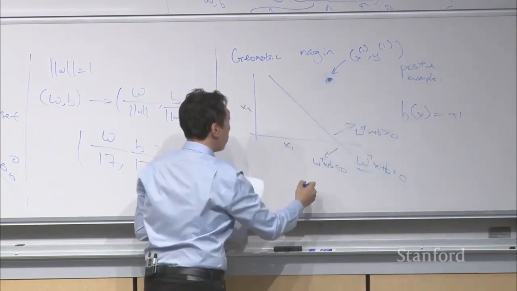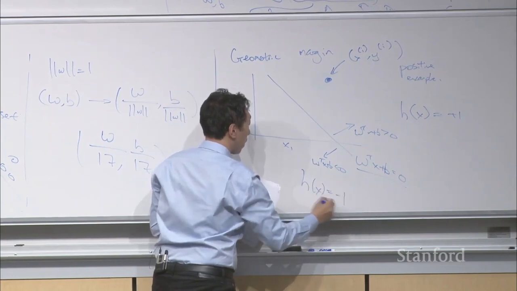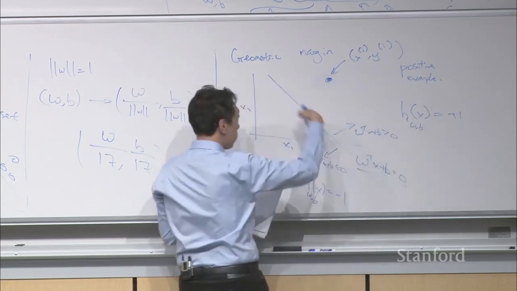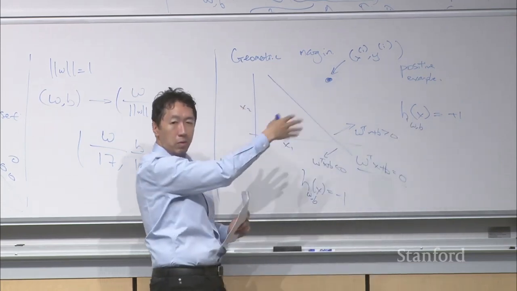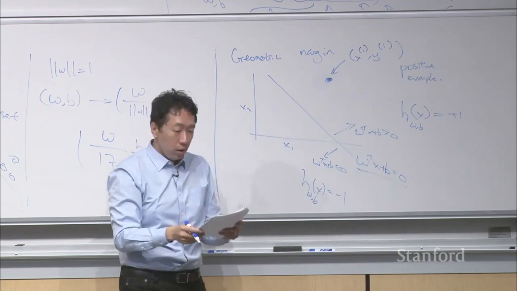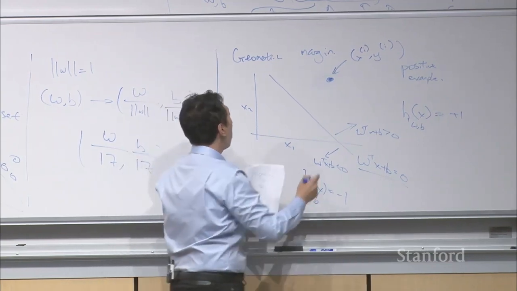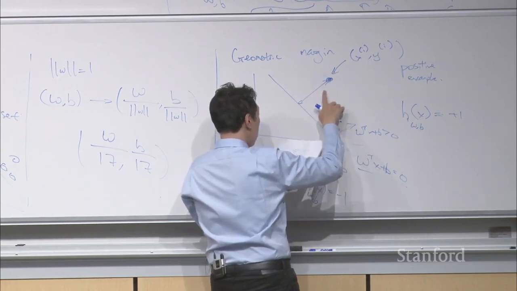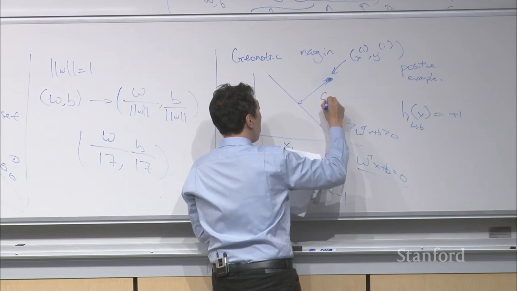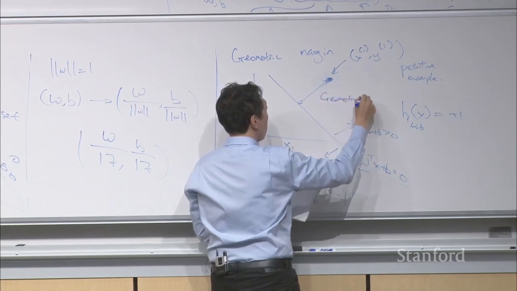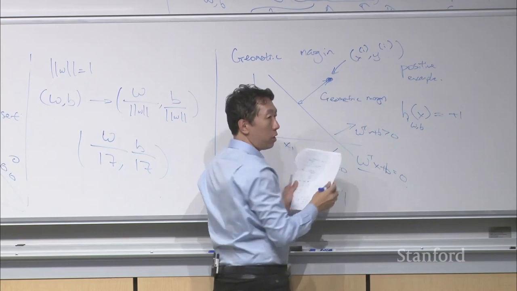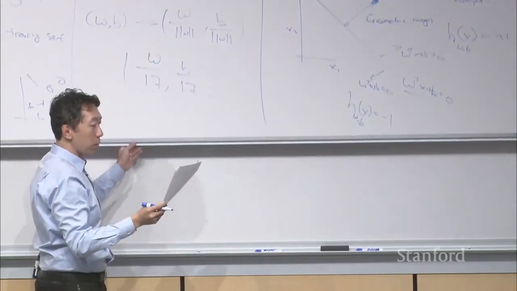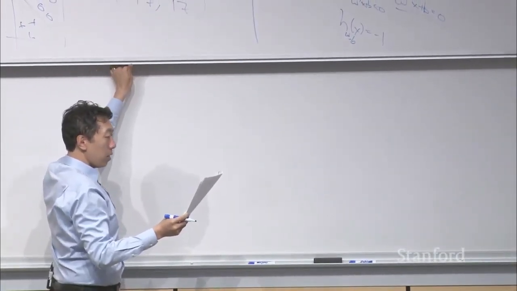Whereas in this lower half region, it would be predicting h of x equals negative 1. That's why this straight line, where it switches from predicting negative to positive, is the decision boundary. So what we're going to do is define this distance to be the geometric margin of this training example. It's the Euclidean distance that we'll define to be the geometric margin. Let me write down what that is.